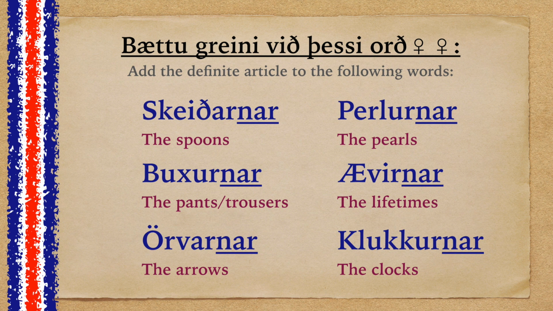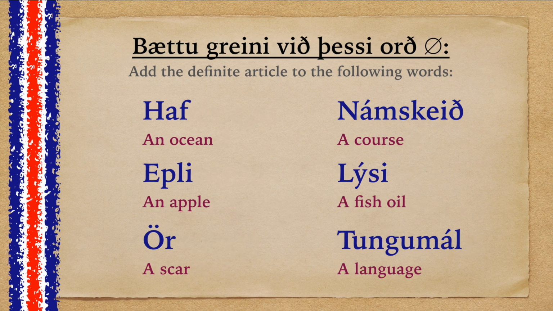The greinir in the female plural form is quite easy because it's always the same. So we have skeiðarnar, buxurnar, örvarnar, perlurnar, ævirnar, and klukkurnar. And now on to the neutral words in the singular form.